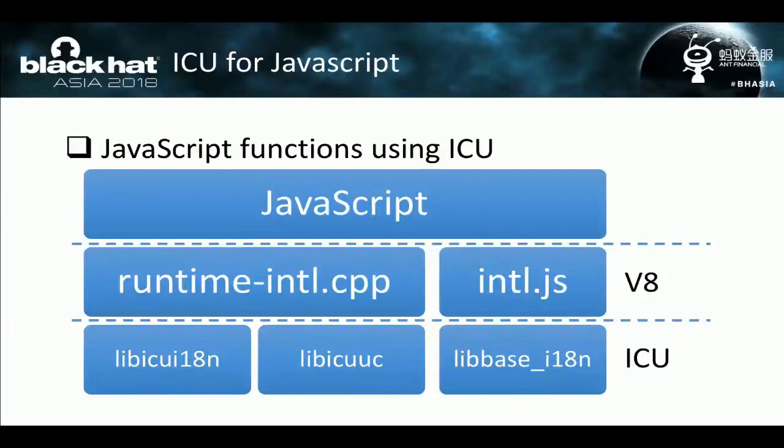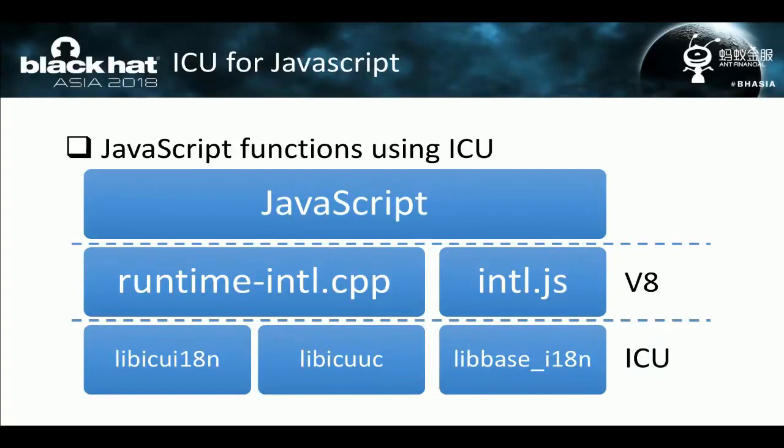This is the structure of V8 and ICU. When V8 executes functions that use ICU, V8 will check the arguments of the JavaScript functions and only pass the sanitized arguments to ICU.